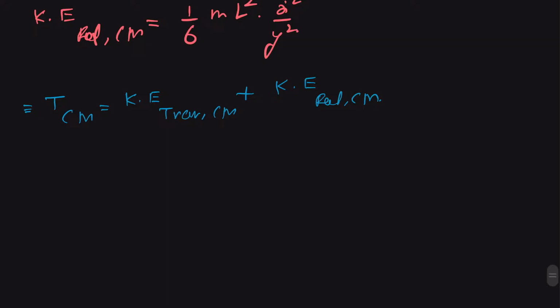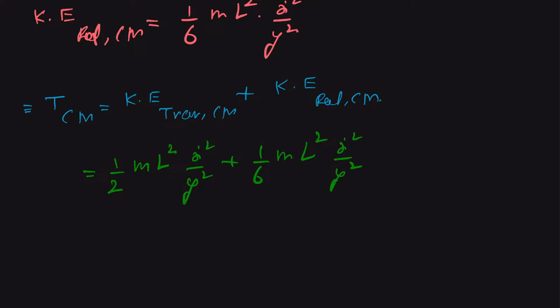So we simply substitute the values. We get this as our 1 by 2 m l square x dot square upon y square plus 1 by 6 m l square x dot square upon y square.